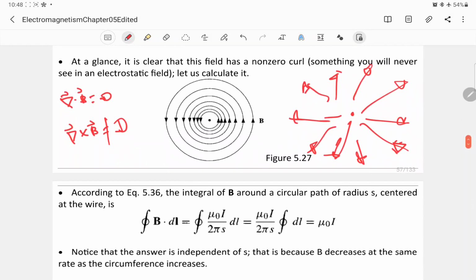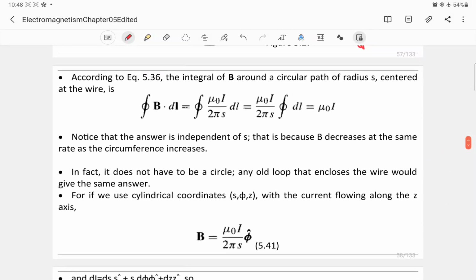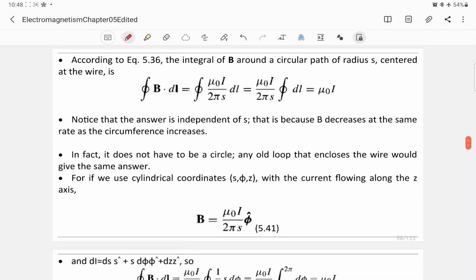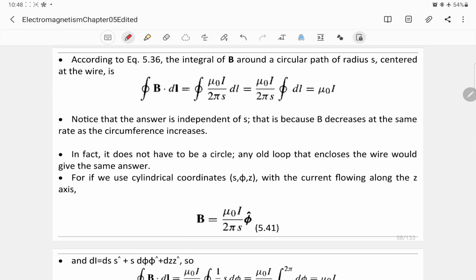So according to equation 5.36, the magnetic field around a wire with current I, at a distance s away from the wire, would just be equal to this one, if the wire is at the center of the circle.